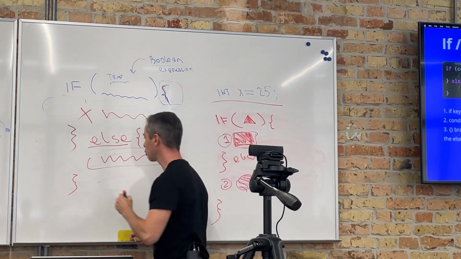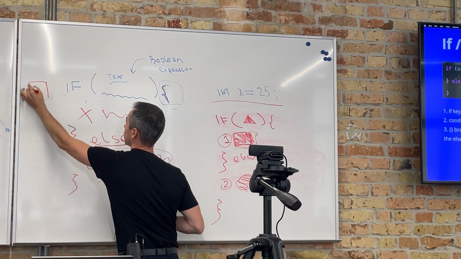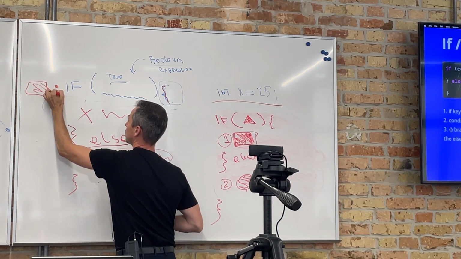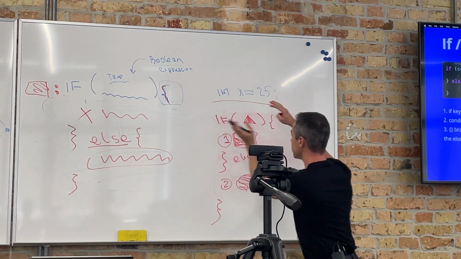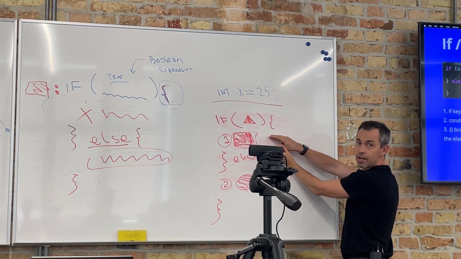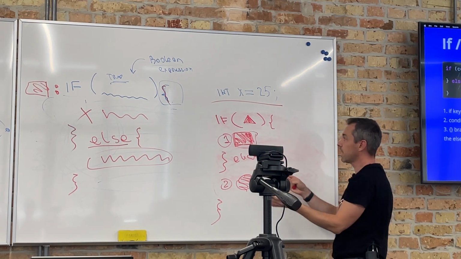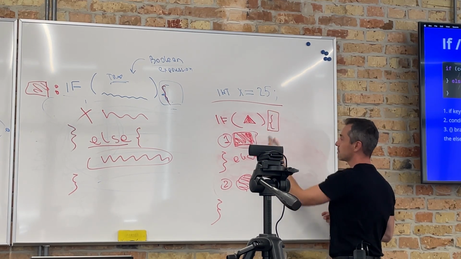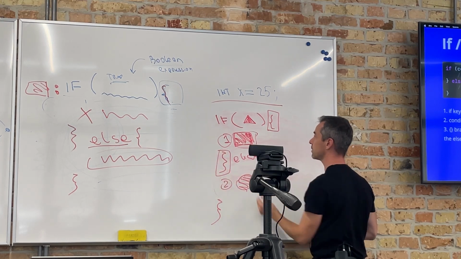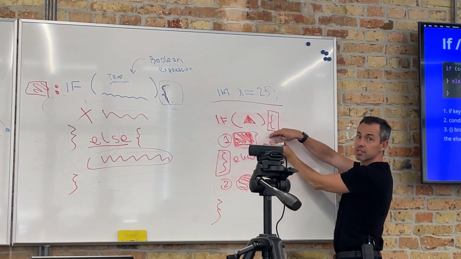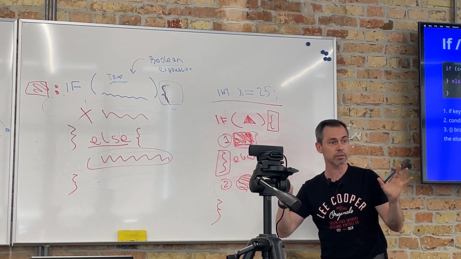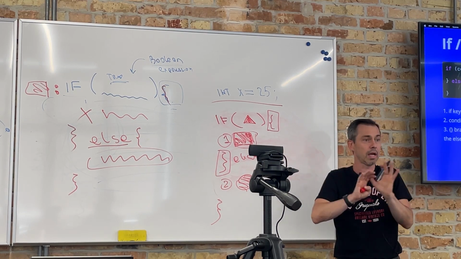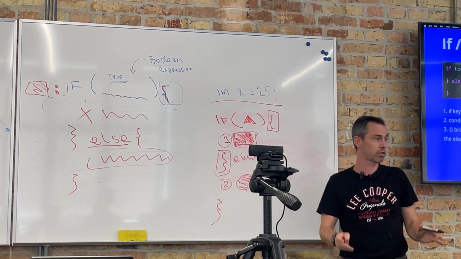This square could be another if, and we could have another logical expression inside this. It's absolutely okay. As long as we have these brackets, everything happening inside is just abstract code, and the Java runtime environment is ready to execute that code.